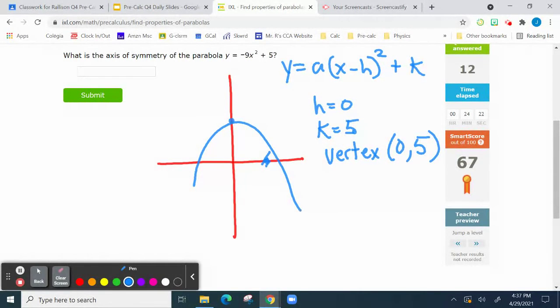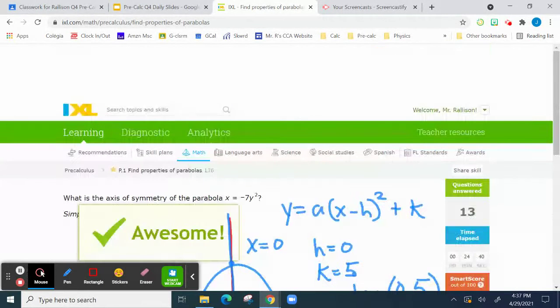So the axis of symmetry is going to go right down the middle, which is x equals 0. And if it says the axis, you have to put that whole equation in, right? There we go.